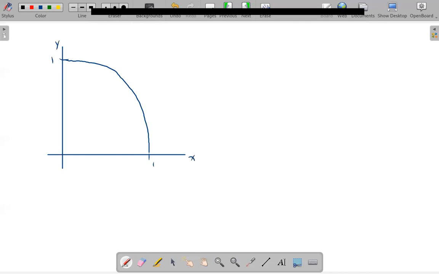And our special angles are 0 radians, pi over 6 radians. Oops, that is not a pen. Let's pull out a different color here. Through the middle here, around there, we have pi over 4 radians.